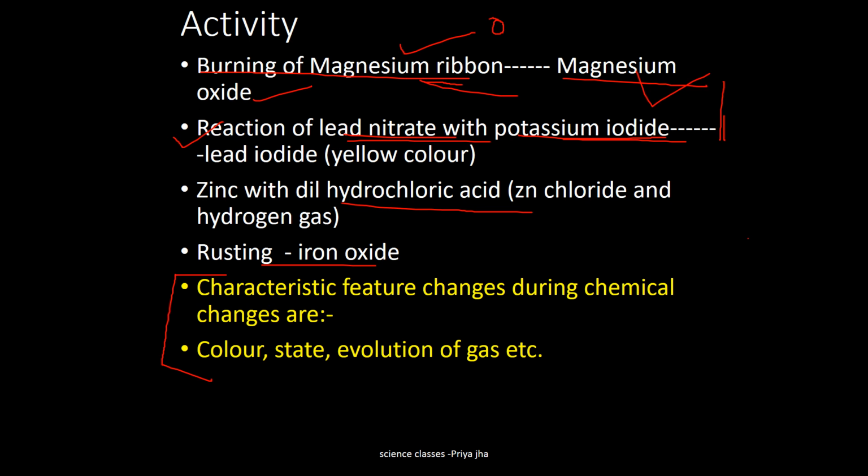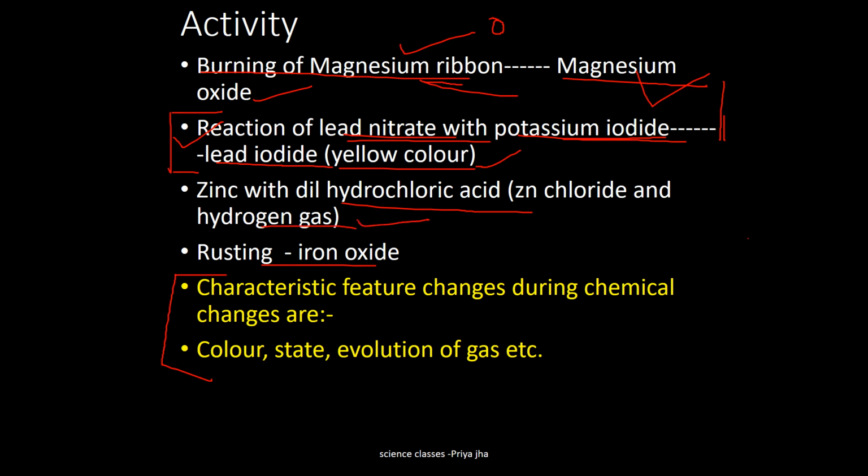I will keep these things in your worksheet. A yellow color will form. So from this activity, the question may ask what happens when lead nitrate and potassium iodide react, and the answer is that yellow lead iodide forms. Then zinc granules with dilute hydrochloric acid give hydrogen gas.